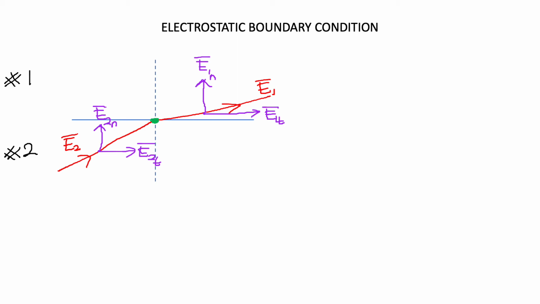Okay, so from this diagram, what we can see is E1 is equal to the summation of E1n plus E1t.